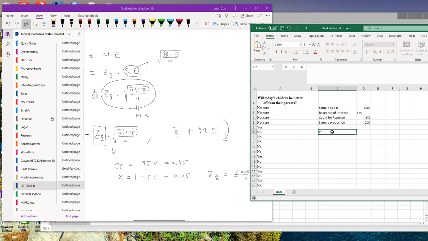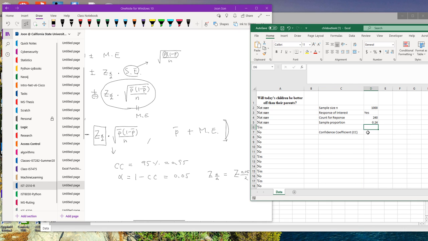The confidence coefficient is known as CC.